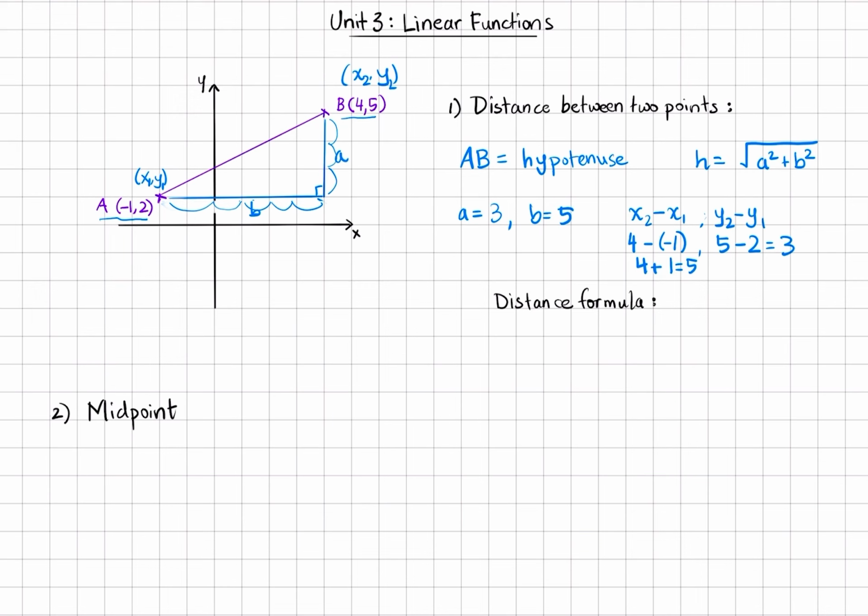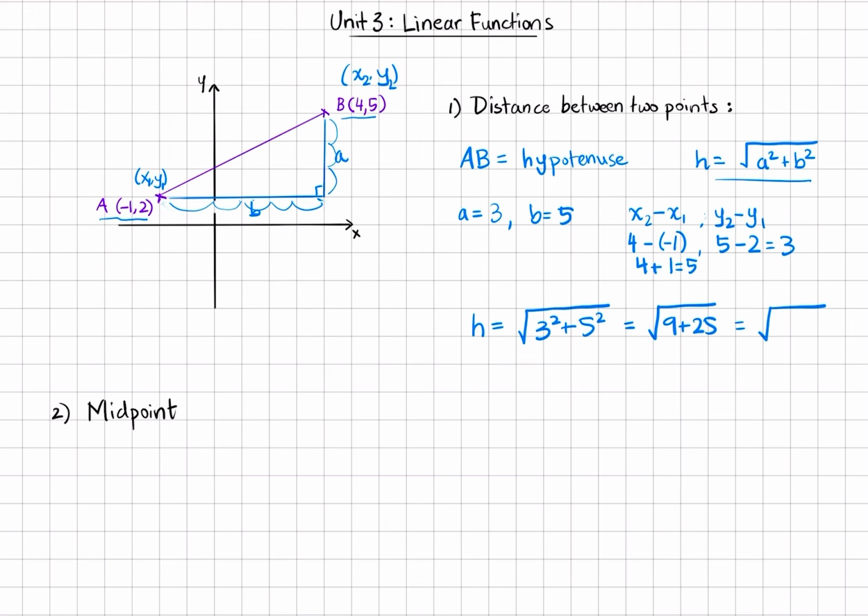Okay? Now the second thing we need to do, after we got our distances, our A and B, is just apply the formula, the Pythagoras theorem. So we'll say my hypotenuse, the distance between the 2 points, is the square root of 3 squared plus 5 squared, which is the square root of 9 plus 25, which is, what is 9 plus 25?